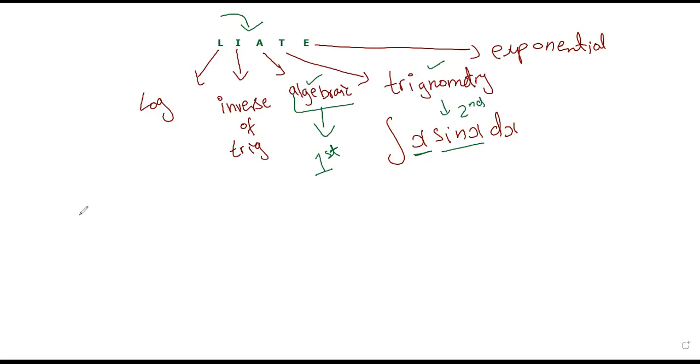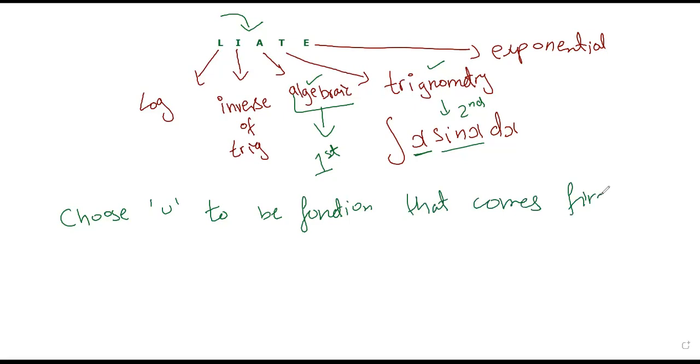This is basically used to choose u to be the function that comes first. In LIATE, we have different types of functions. For the selection of u, you need to choose the function that comes first.